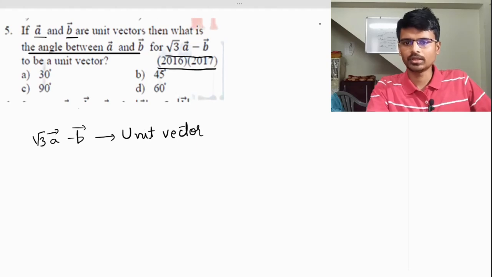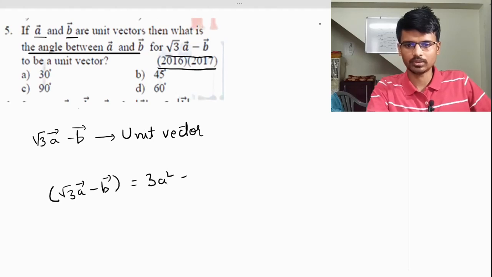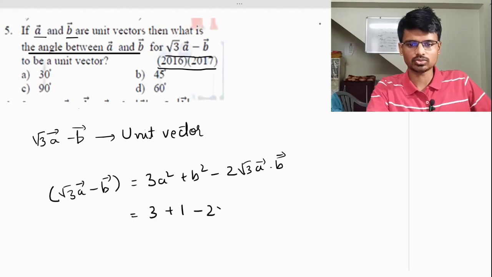Okay. So again, we'll use the squaring technique. Let me just take the square of this. What do I get? I get 3a square plus b square minus 2 root 3 a bar dot b bar. As we know, the vectors a and b are unit vectors, so this is just going to be 3 plus 1 minus 2 root 3.